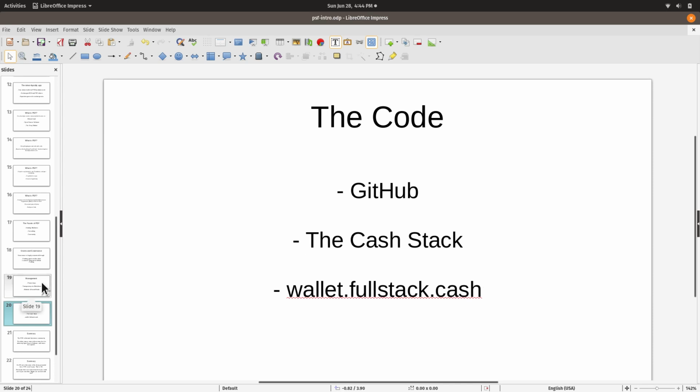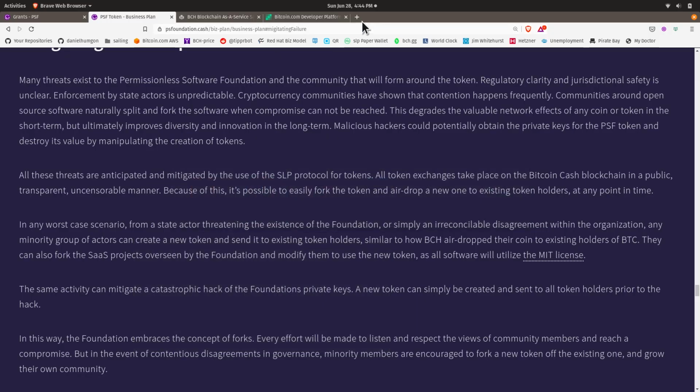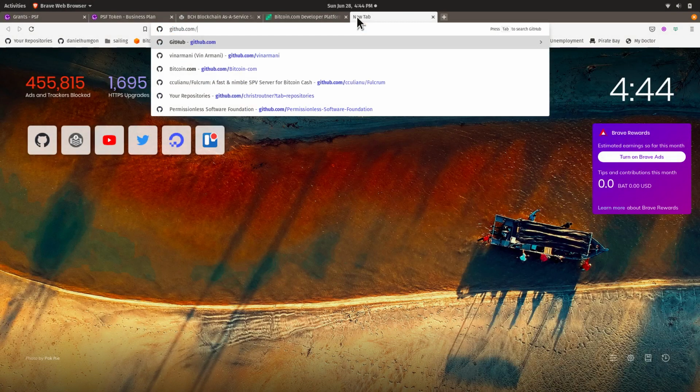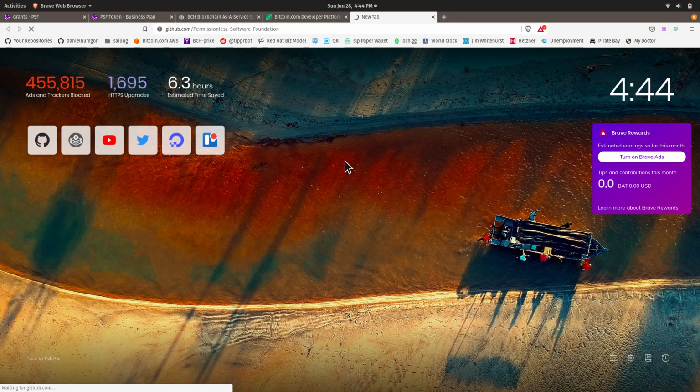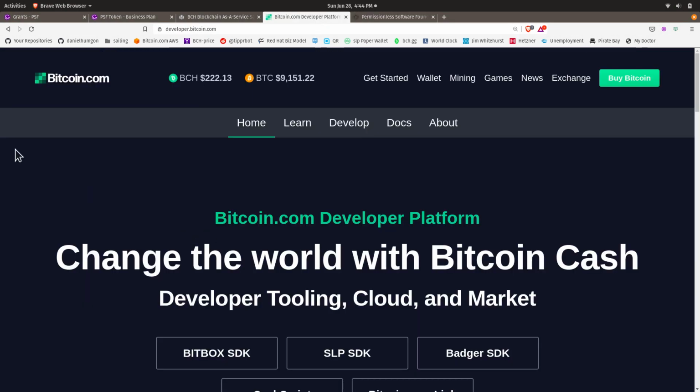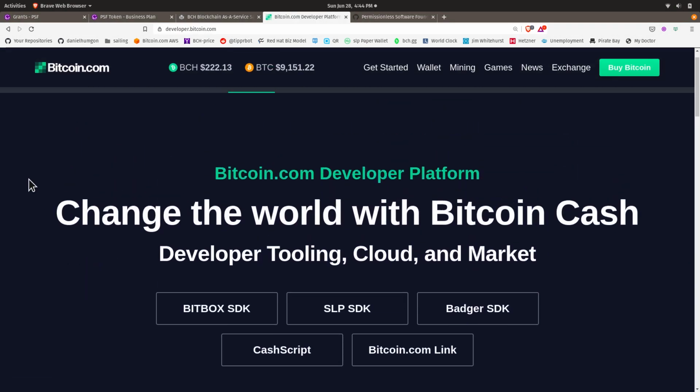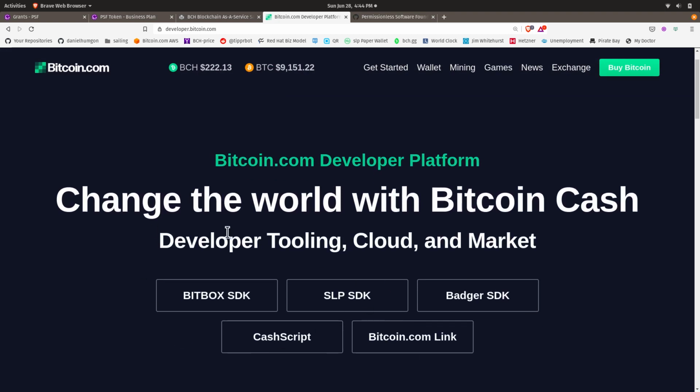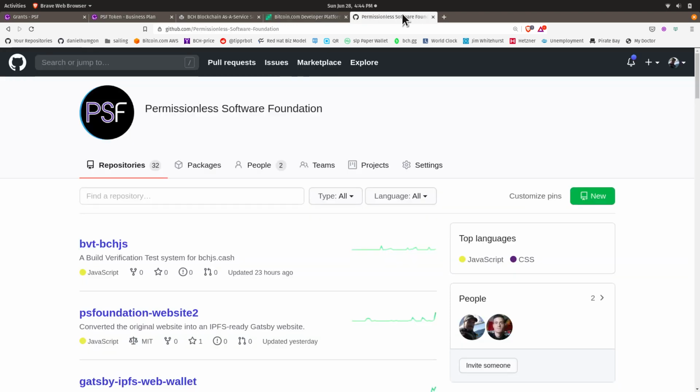So the code, where's the code? It's primarily on GitHub under the Permissionless Software Foundation organization. Oh, here's the developer.bitcoin.com. So this is the website I used to work on. These are the tools. All of our tools at fullstack.cash are forked off of these open source tools.